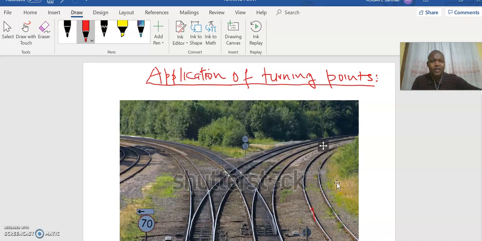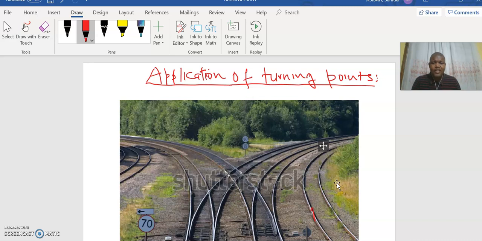What are the conceptual aspects? Now look at these railway lines. Is there any relationship that the learners can see from these turning points of a railway line? So you leave it to them to explain and discover on their own.